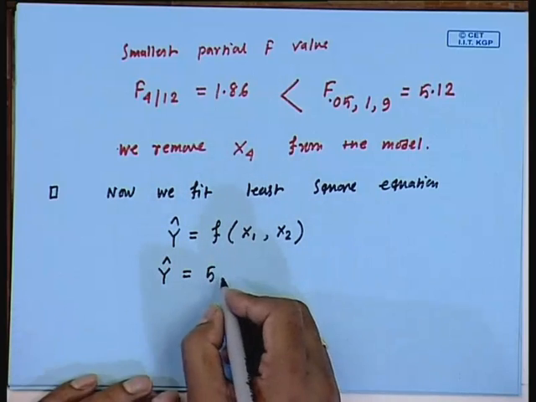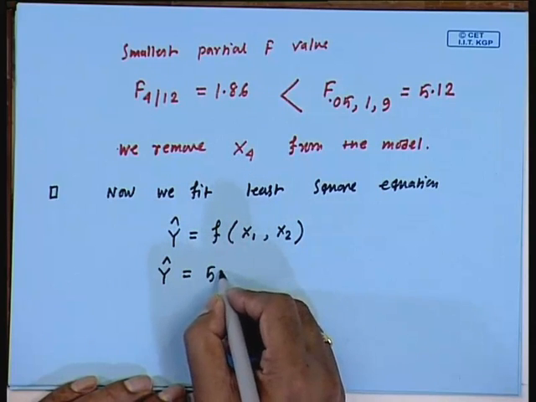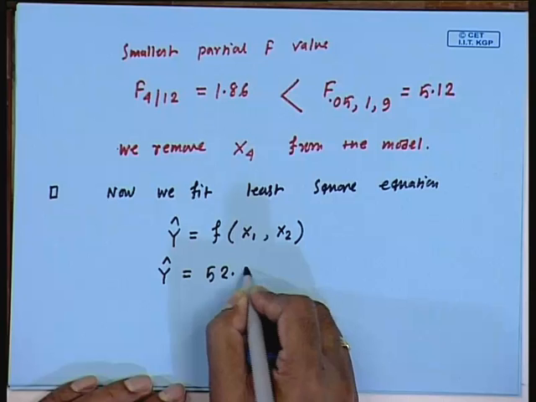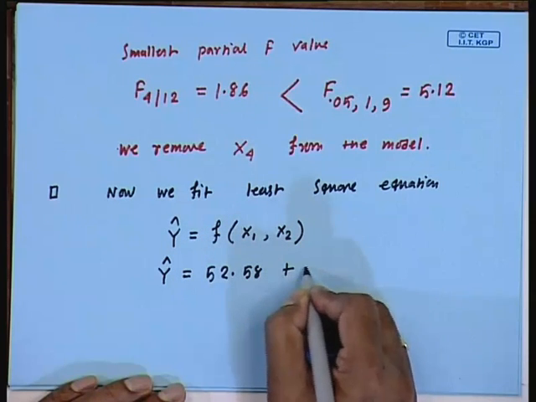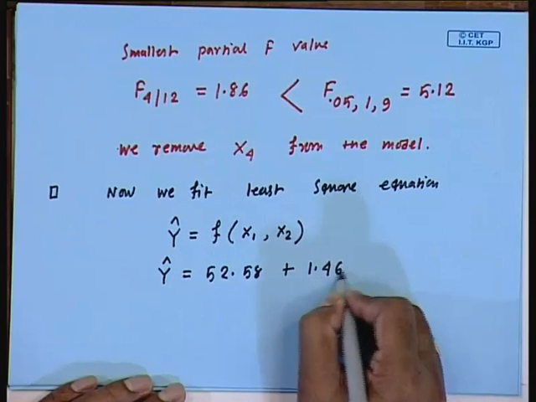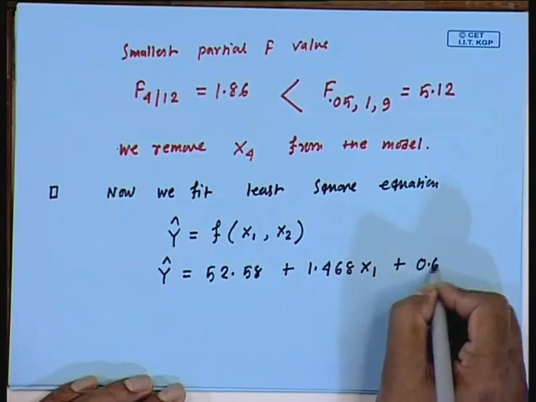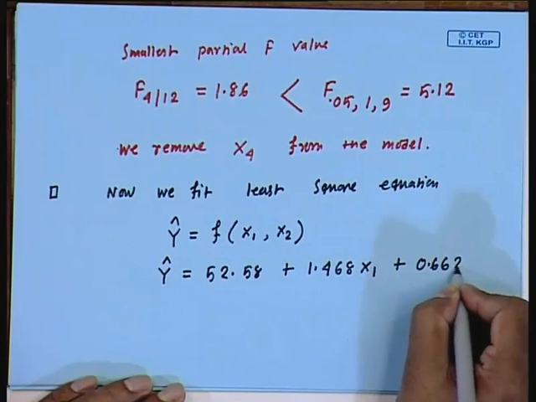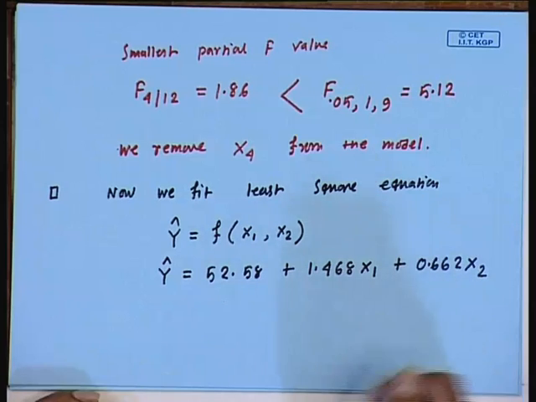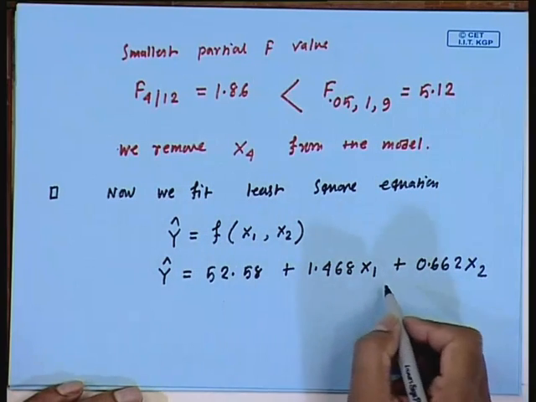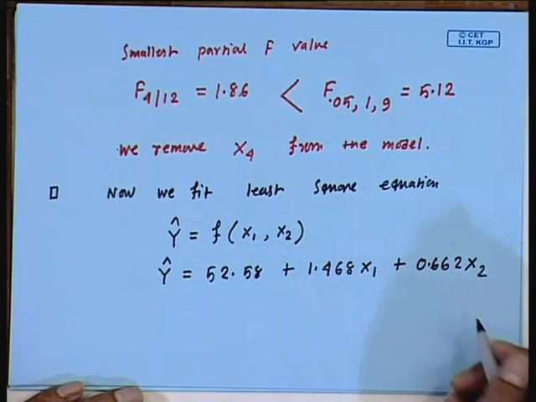The fitted model is y hat equal to 52.58 plus 1.468 x1 plus 0.662 x2. You know how to find the unknown parameters.